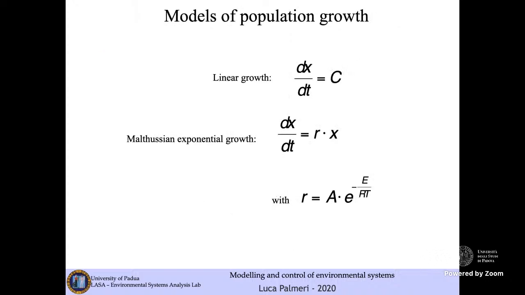We finish the lecture of today by giving a quick look into the various models of population growth we have seen during the class. We have started by saying that linear growth, like the one represented by this first order differential equation, has a constant variation in time of the dimension.